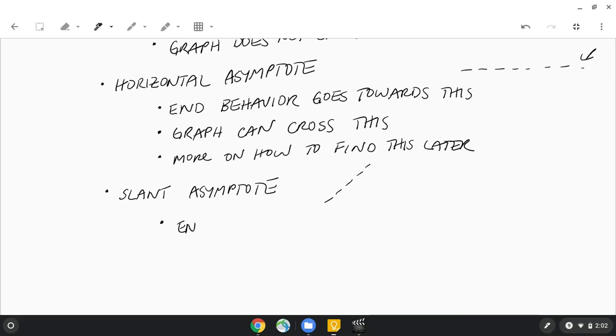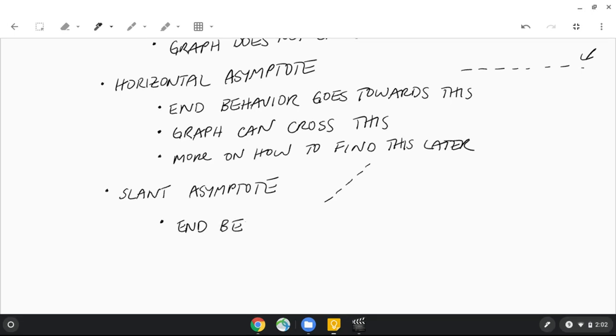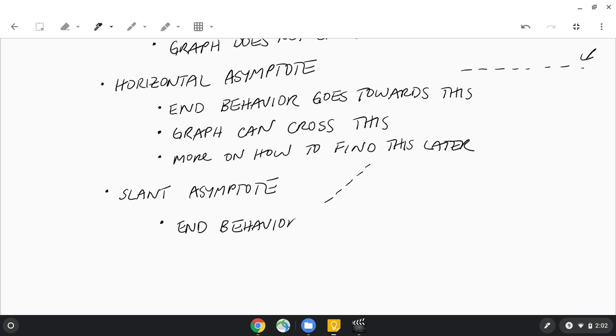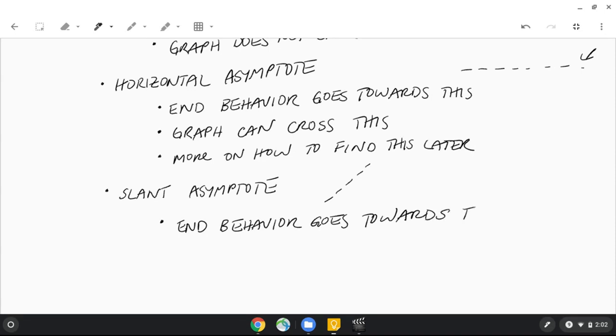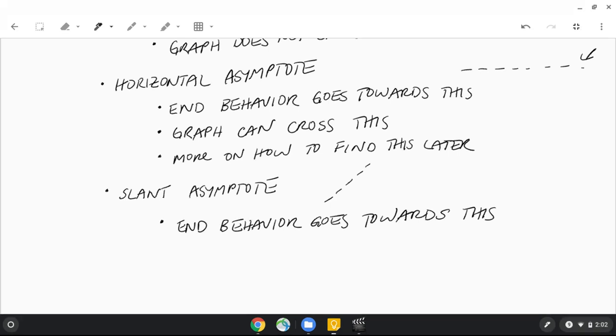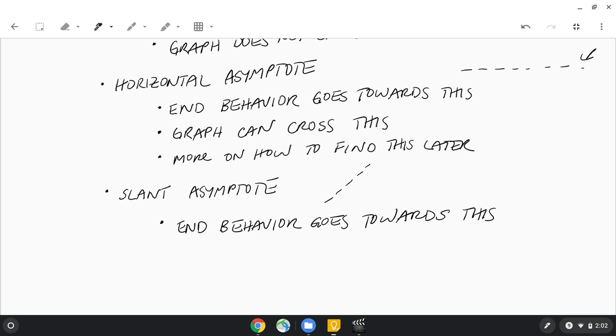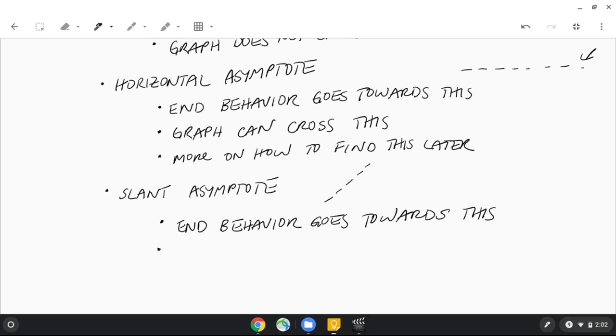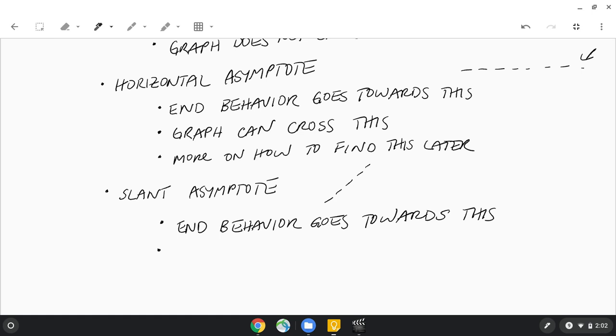Your end behavior goes towards this. It's basically your horizontal asymptote, but tilted. Since it's a line, it has the form y equals mx plus b.